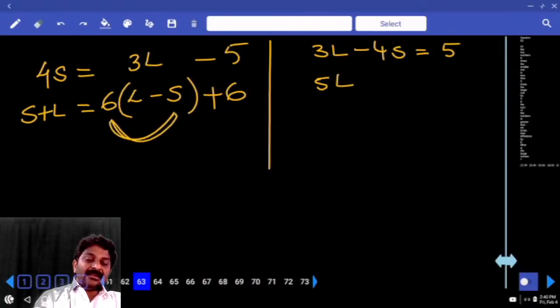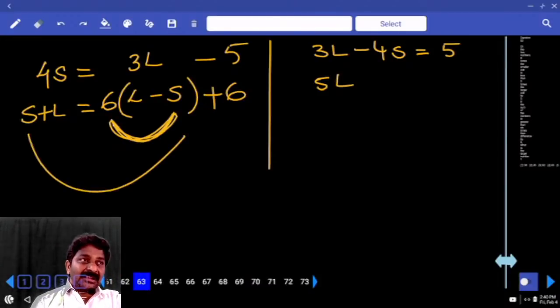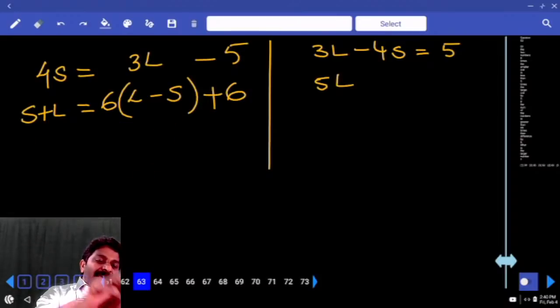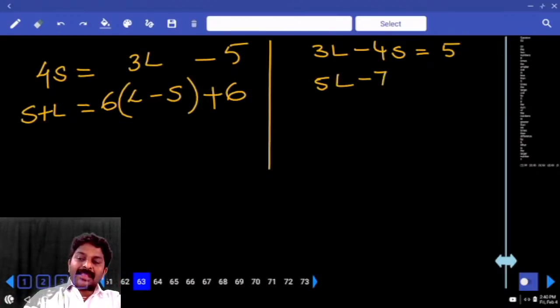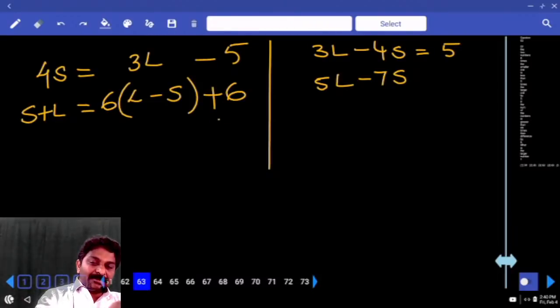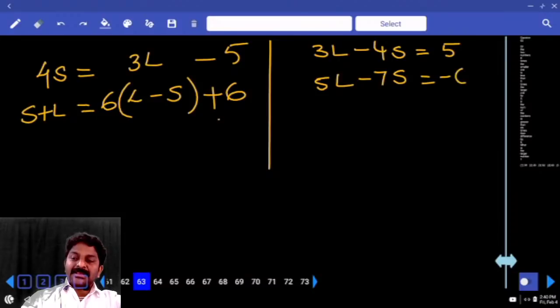How much is here? Minus 6S. Left hand side S also comes to this side, minus S, correct. Minus 6S minus S. So plus 6 goes to the other side and becomes minus 6.